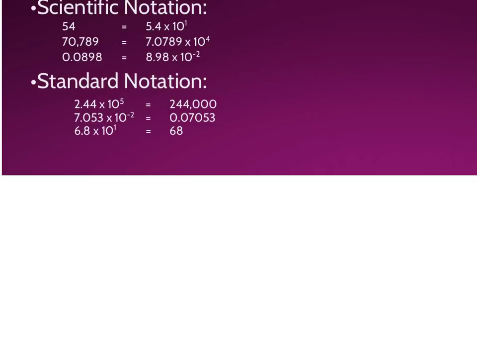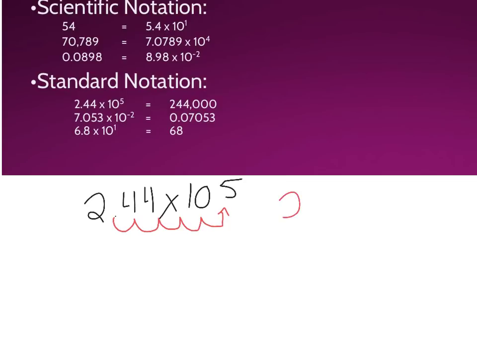For the standard notation, you're just going to undo what we just did. So 2.44 times 10 to the 5th. This is a large number because it's got a positive 5, and I have to move my decimal place 5 times. So 1, 2, 3, 4, 5. That means I need to add 3 zeros. So that becomes 244,000, and then I'm adding 3 zeros at the end.